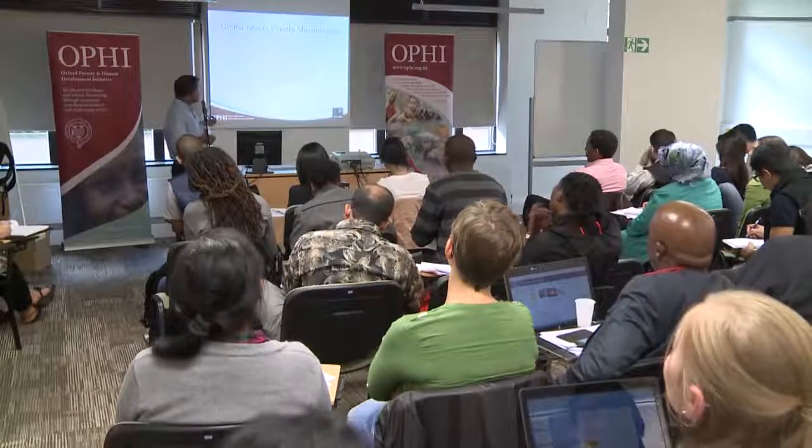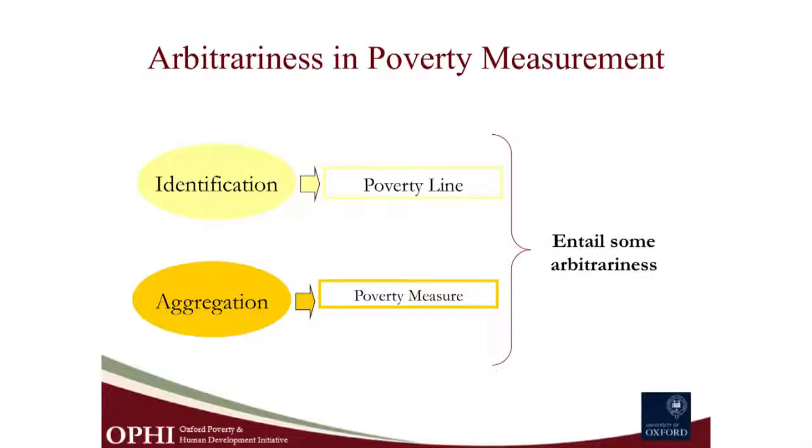So mainly two kinds of arbitrariness come up here. One involves identification, because if I change the poverty line slightly, how do I know how the number of poor will change? Or poverty measures. You can use different poverty measures and you get different numbers. And then you may argue, well, in one poverty measure I am looking at a reduction in poverty, in another poverty measure I am looking at an increase in poverty.